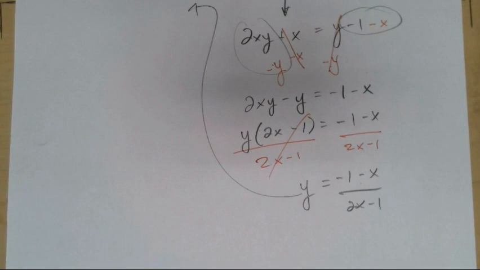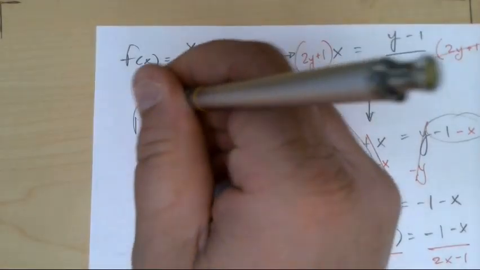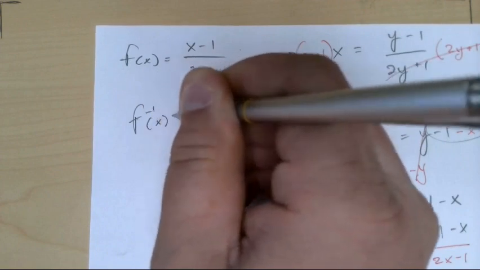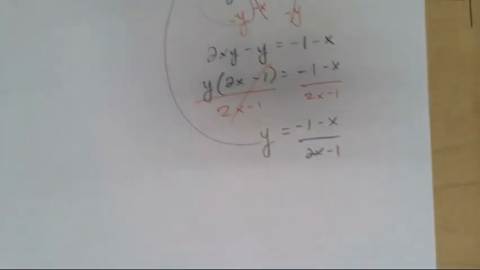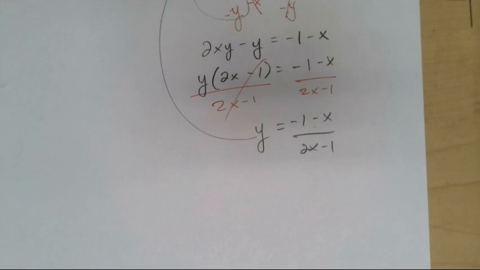So there you go, that's my inverse. My inverse is negative 1 minus x over 2x minus 1.